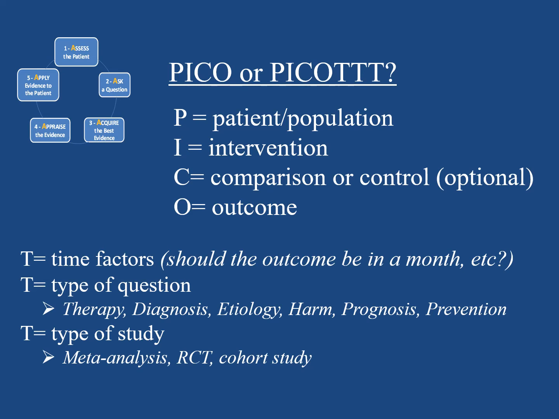It helps to determine what type of question you have at the outset, because that will determine what type of study you're seeking ultimately to answer your question. Studies, which is the last T that's a possibility, include things like meta-analysis or a randomized controlled trial or a cohort study. Again, knowing the type of question and the type of study helps you determine the best way to answer a question.